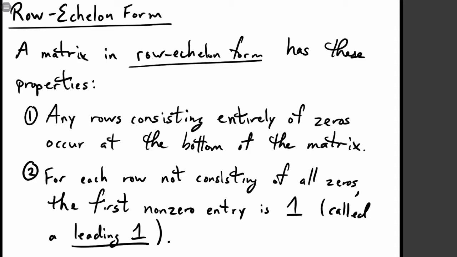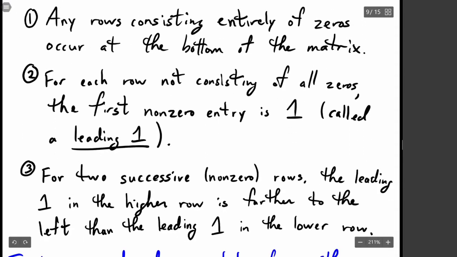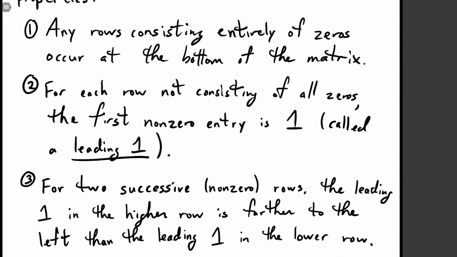The third thing that has to be met in order to be in row-echelon form, the one that's maybe a little bit trickier to think about. If we have two successive non-zero rows, so two rows, one on top of the other, that are not made up of all zeros, then this leading one, the thing we talked about in the last step, the leading one for the top row has to be further to the left than the one in the lower row.